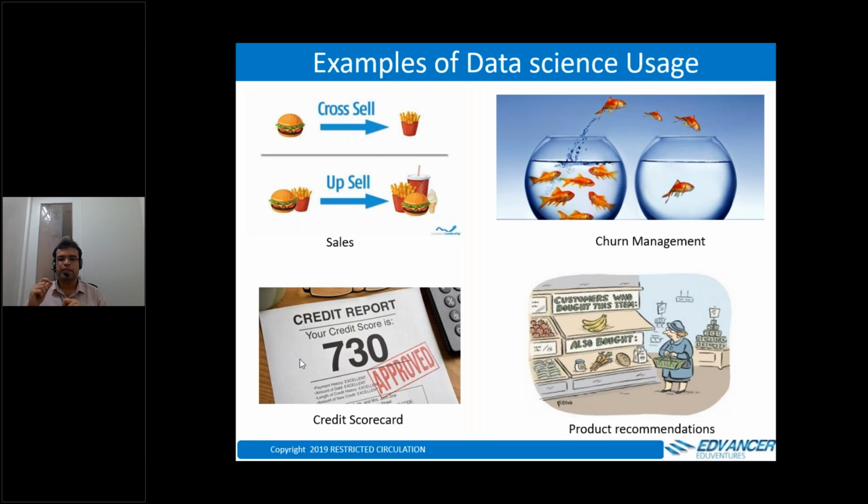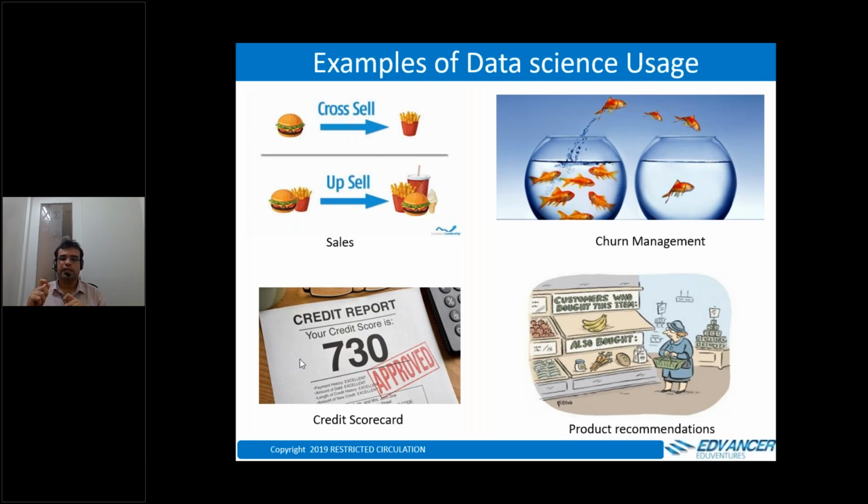So for these companies, there is a direct correlation between their revenues and the accuracy of these recommendations. This automated system called a recommendation engine is based on something called machine learning. I guess a lot of you here would have heard of machine learning. Machine learning is a part of data science.